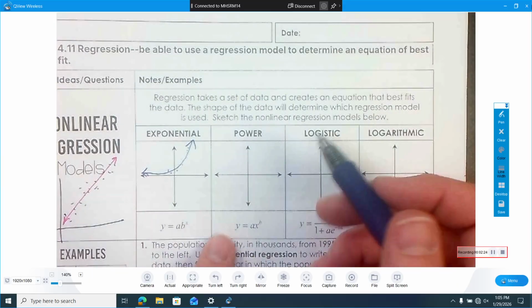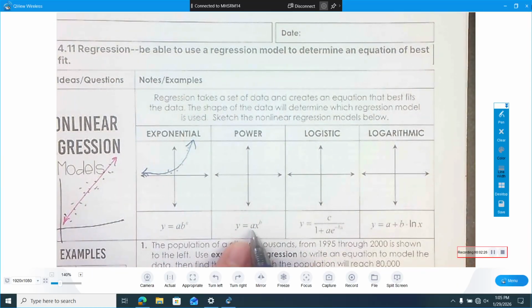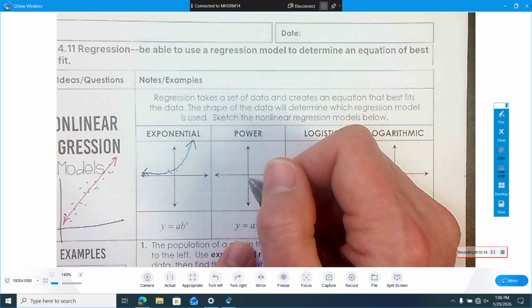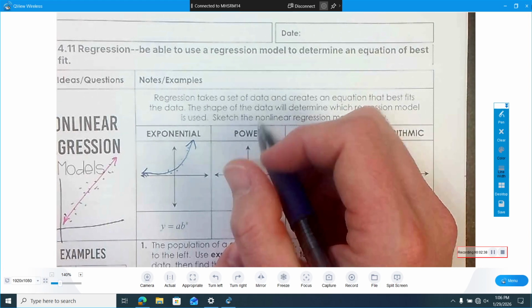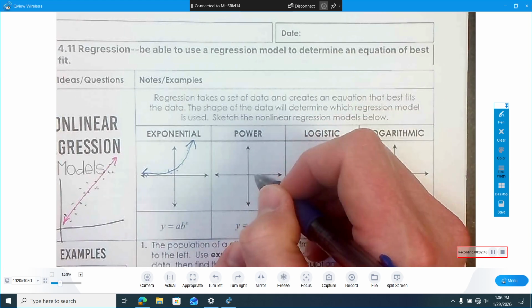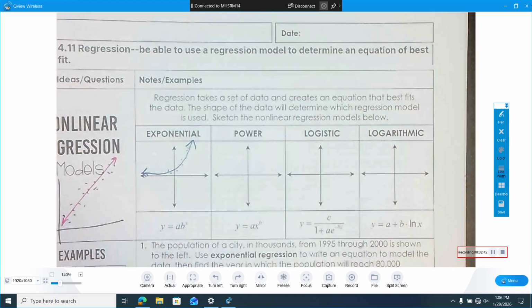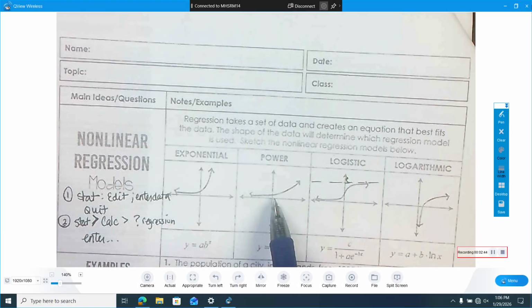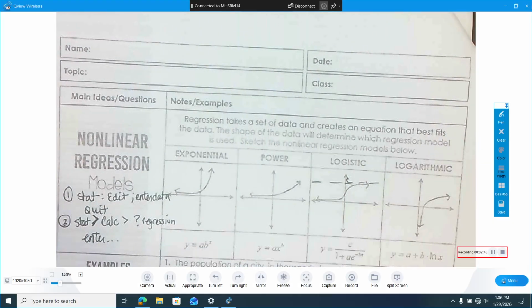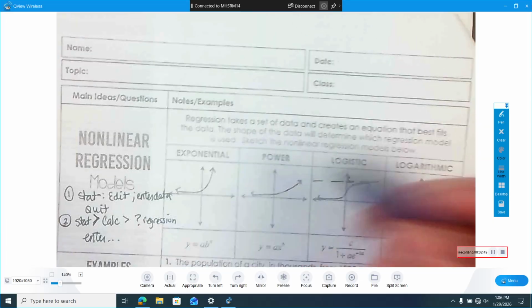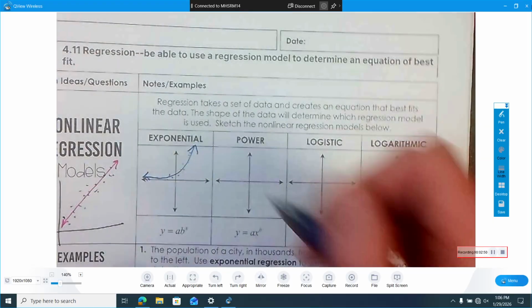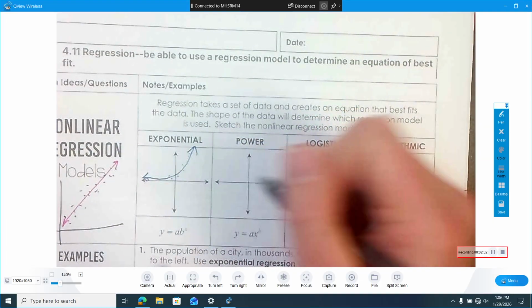The power model, well, that's like ax squared or ax cubed or ax to the 4th, something to the 5th, okay? Those are just powers. I don't know why she has it drawn that way. She has it drawn like this, but I would think it would be more like this, but I don't know.